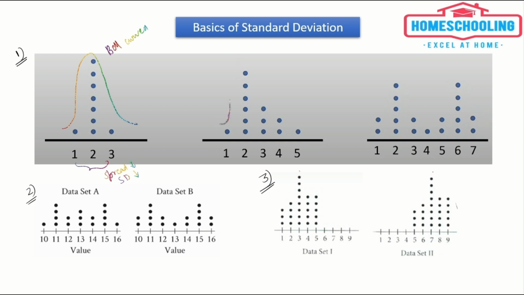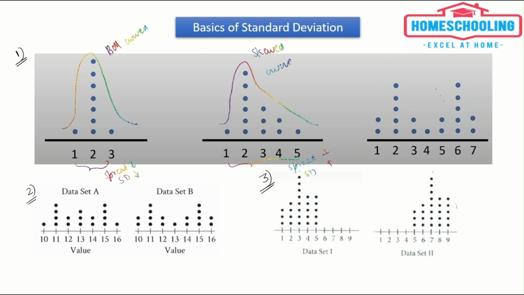As we can see here, it is forming a skewed curve. This is called your skewed curve. It has a higher spread. Spread is slightly higher, so standard deviation will be higher than this one.